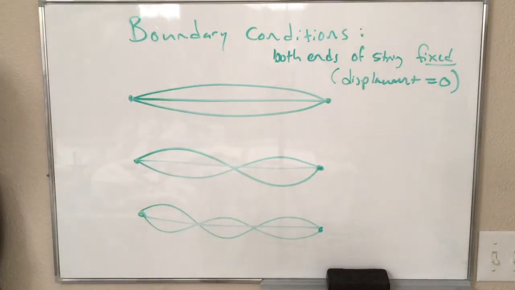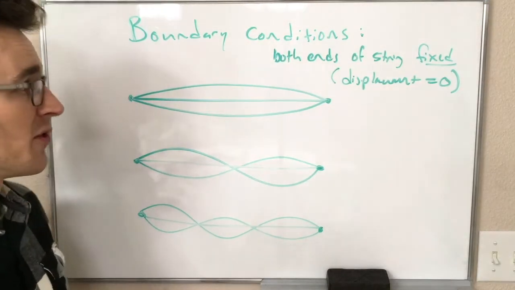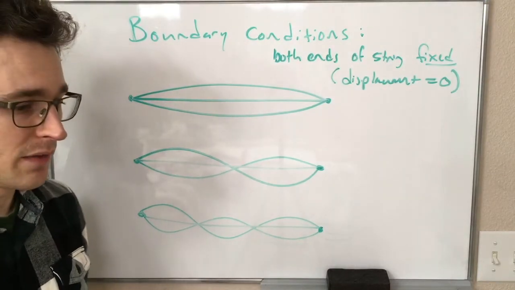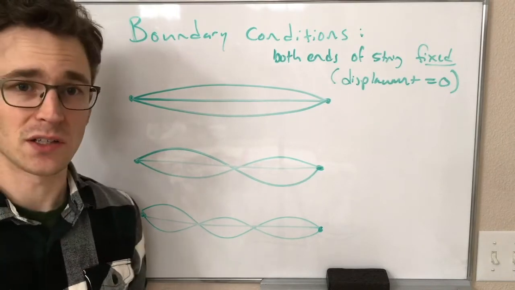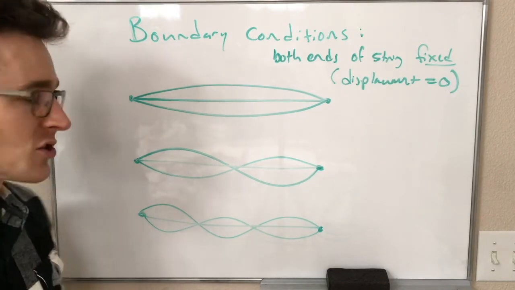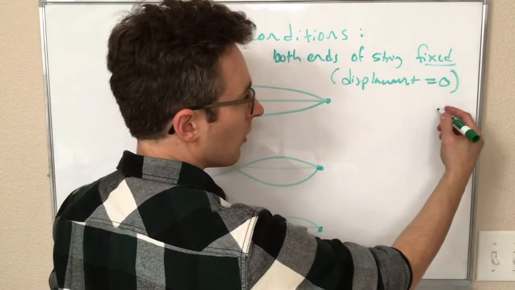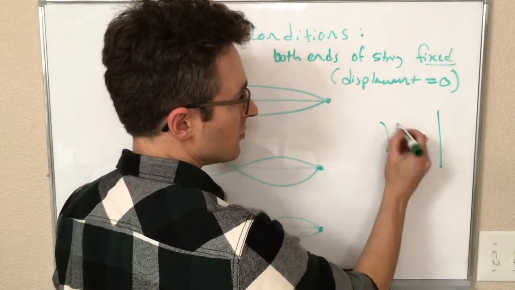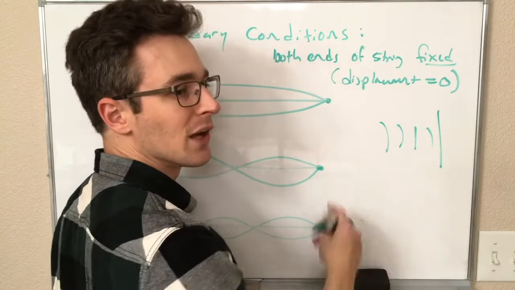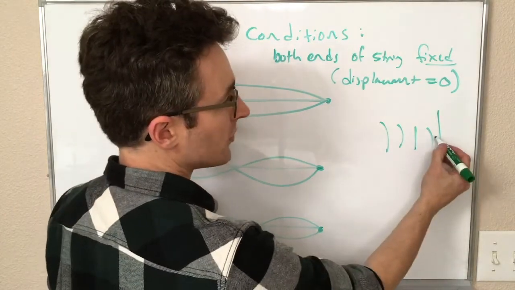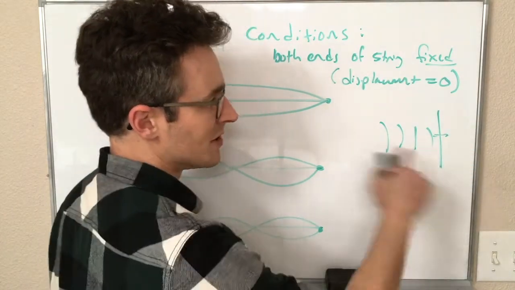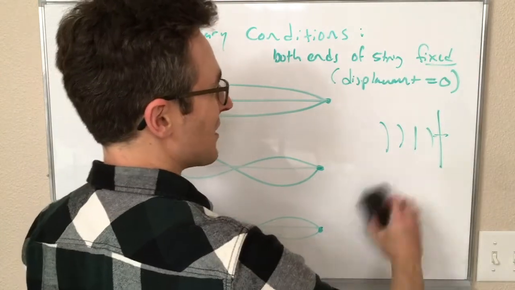The same idea applies to systems other than strings. In the case of sound waves, we talked a little bit about sound wave reflection in a previous video. This is kind of like a hard wall for the sound wave to run into and reflect off of. The wall does not allow the air to be displaced through the wall. It's a hard stop.